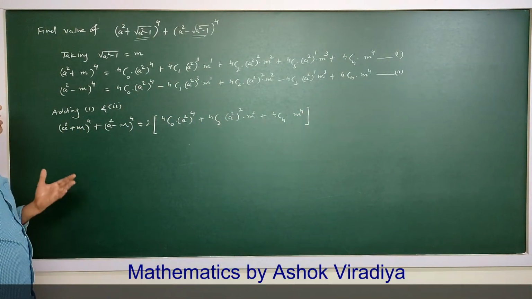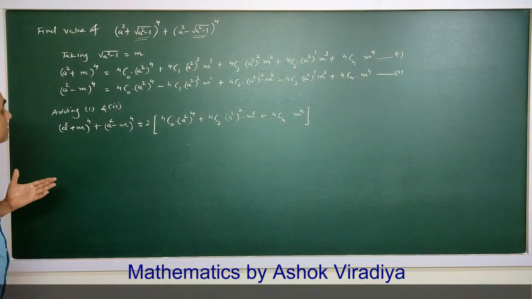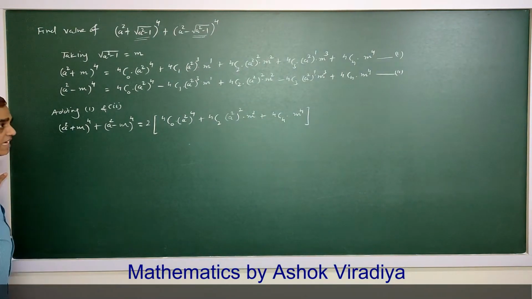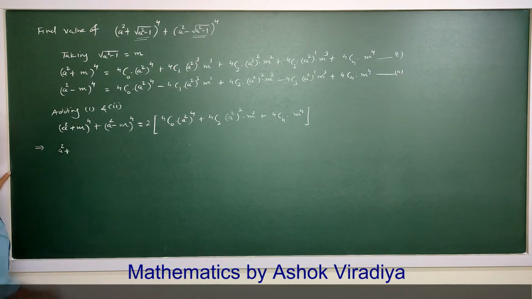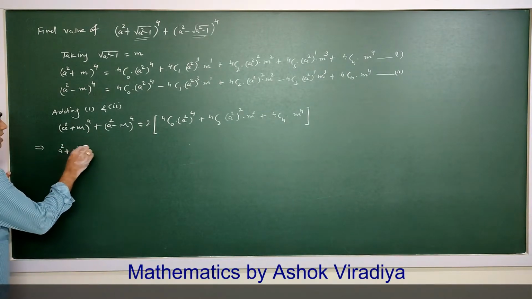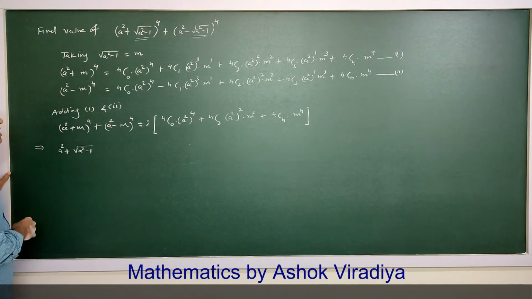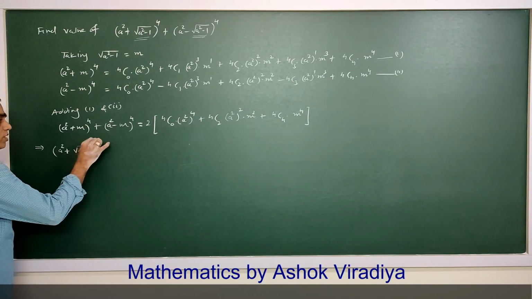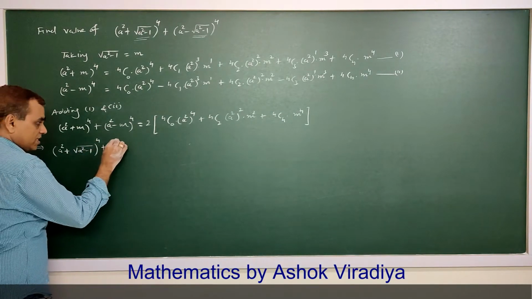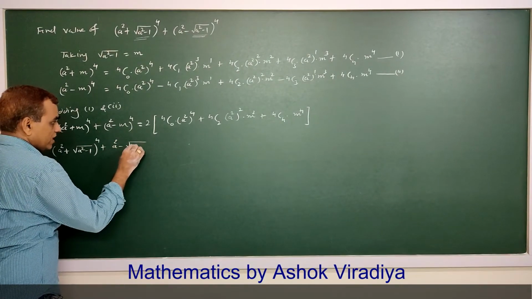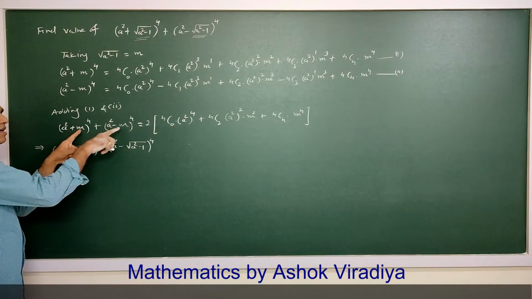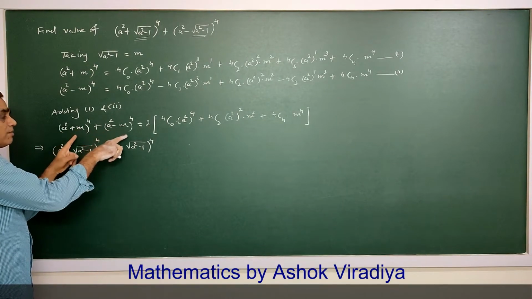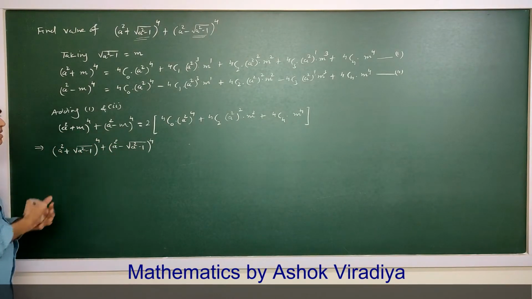Now we are putting values. Value of m, that means (a square plus root (a square minus 1)) raised to 4 plus (a square minus root (a square minus 1)) raised to 4. I am replacing back m by root (a square minus 1).